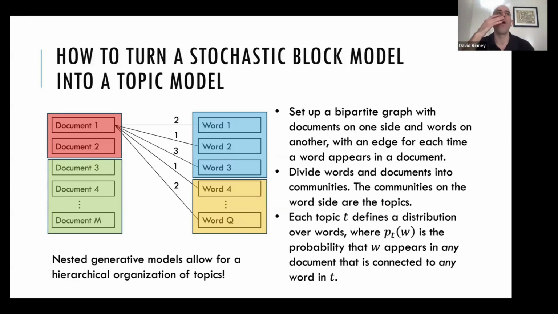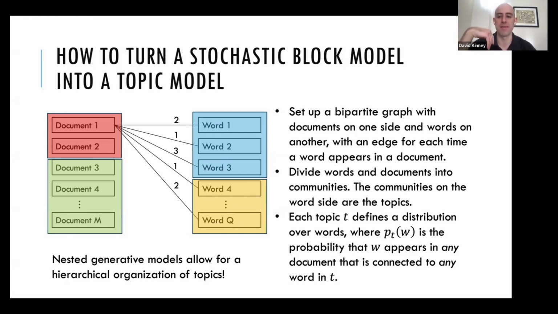And in fact, in my experience, whenever I run these stochastic block topic models, I tend to get a lot of community structure where words aren't appearing in multiple topics. But in principle, you can have overlap, right? The probability distributions will still be different because you'll be looking at the prevalence of that one word within a different community.